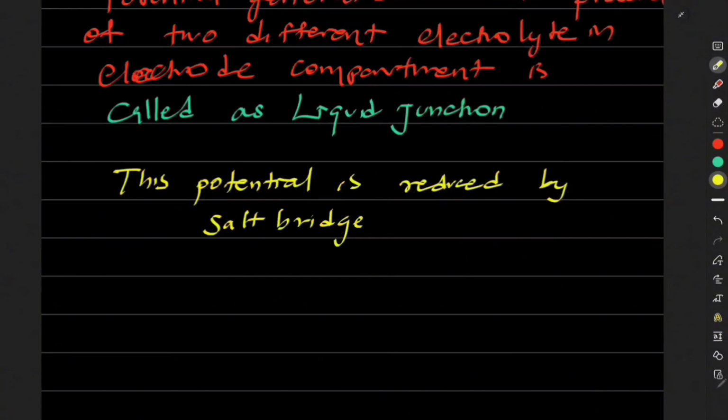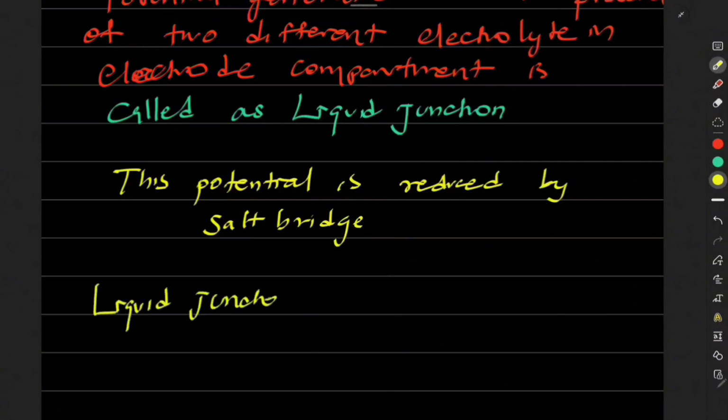And also the liquid junction can be made by a permeable membrane, diaphragm, or porous partition. Let's write it down.